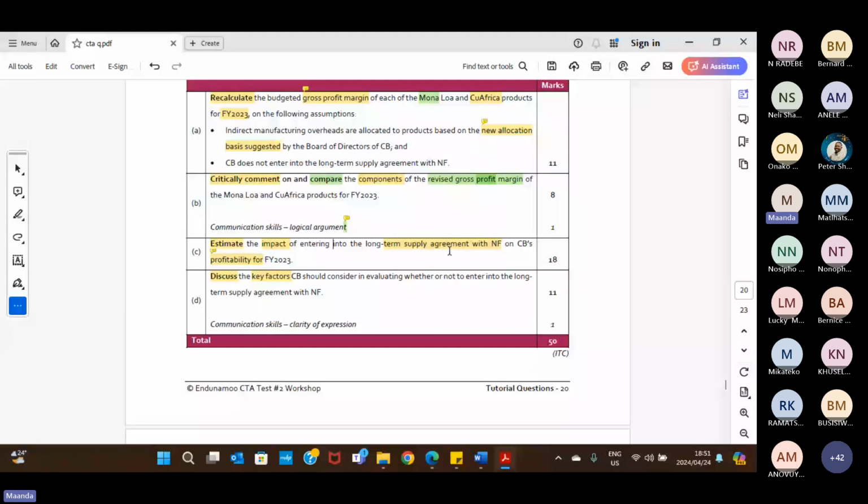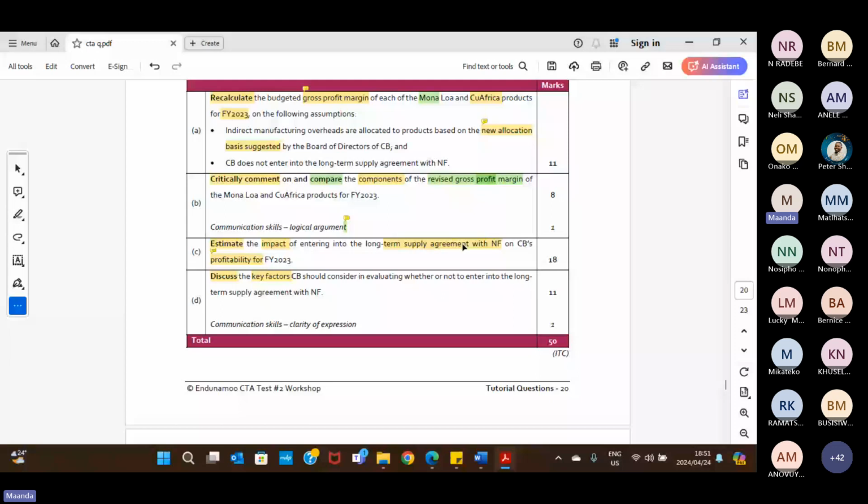Meaning that this agreement will have either the cost or income that are going to be there, which I didn't take into account in my normal profit or my normal budget that I was doing. So I need to start thinking about when this agreement comes, how will it affect the profit that I have?